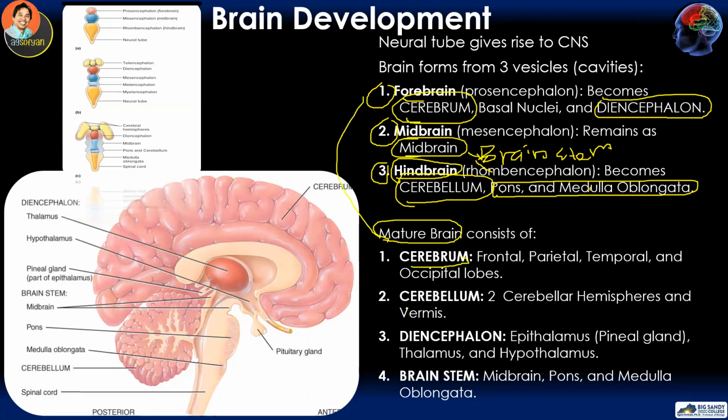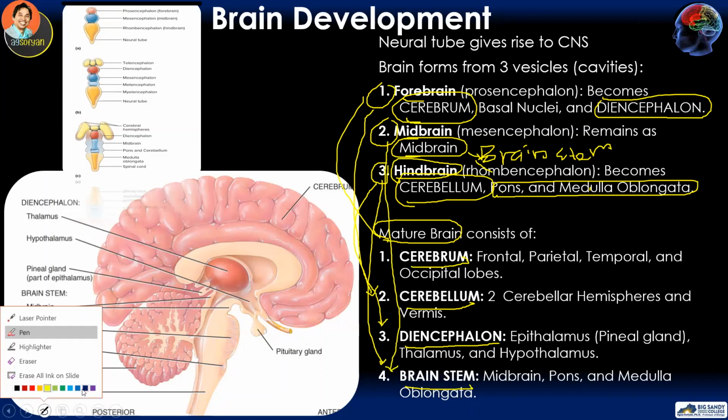And the last part is the brainstem, developed mostly from the hindbrain, which is the pons and medulla oblongata, and the other part developed from the midbrain. So these are the 4 main parts of the brain.